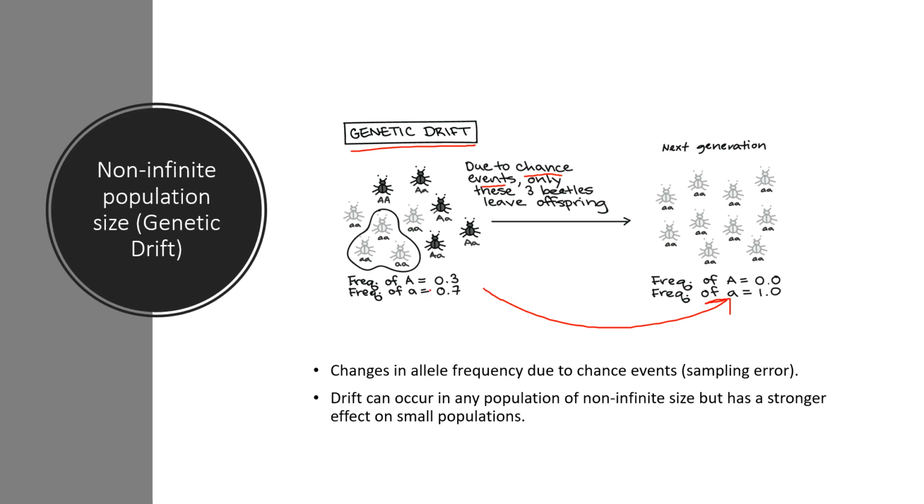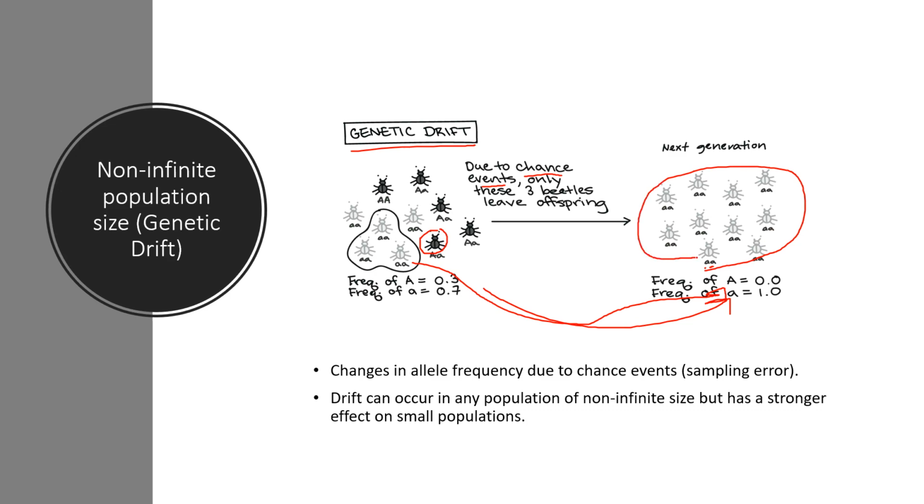Actually, what we see here is, let's say these three organisms leave their little nest and get separated from the original population. It was due to chance. This one didn't go with them. Now when this population reproduces, it only has recessive alleles to pass on to its offspring, and that is all we would see.